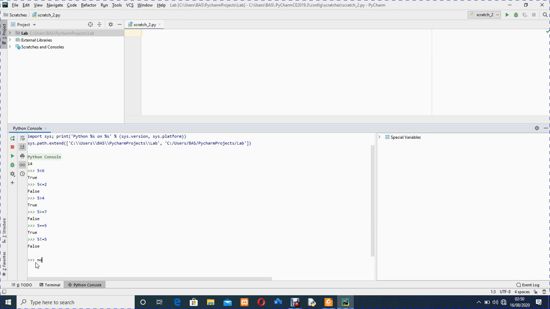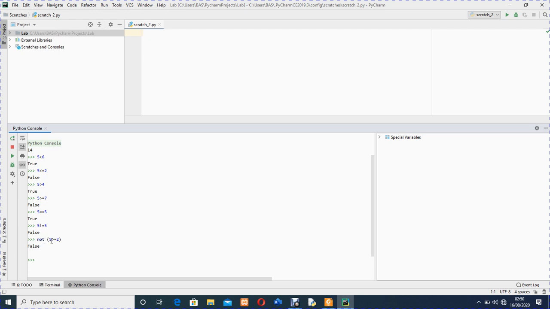Not, let's see, in parentheses, let's say 5 is greater than or equals to 2. Let's see. It executed what? False. This not is indicating negation.